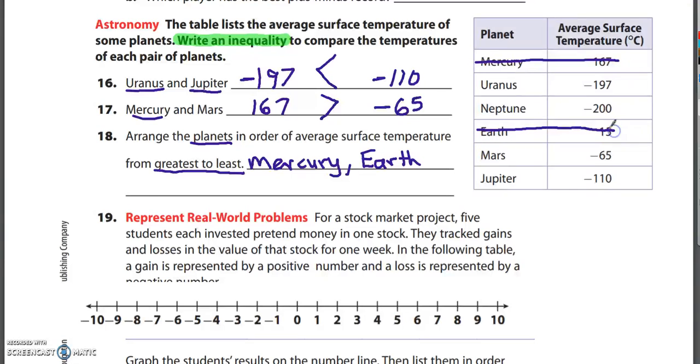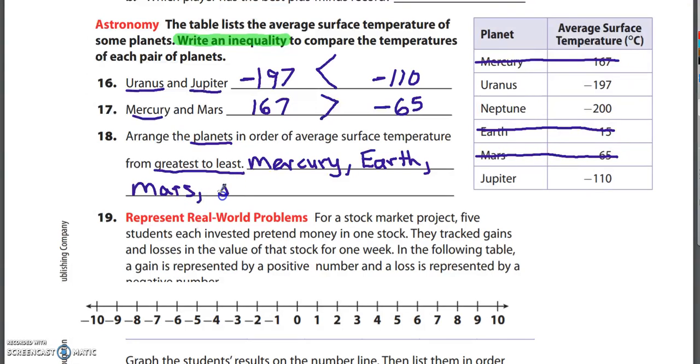Now I've got some negatives to deal with. And we're supposed to go the greatest temperature. The greatest temperature out of all these negatives will be the one that's farthest to the right. So if you think about negative 197, negative 200, negative 65, if you started at 0 and you were working your way left, negative 65 would be the one that's farthest to the right on the number line. So Mars goes next. Basically what I'm doing here, I'm just going in reverse order.